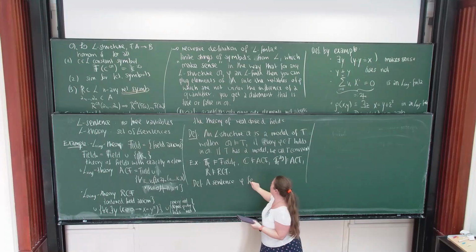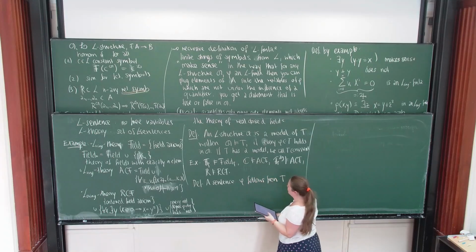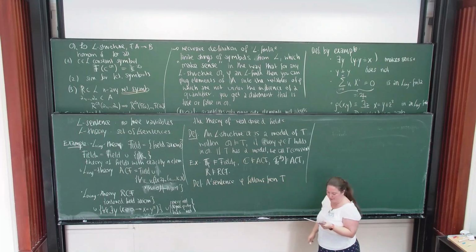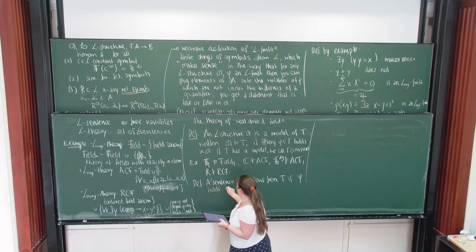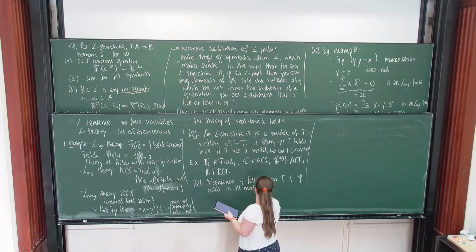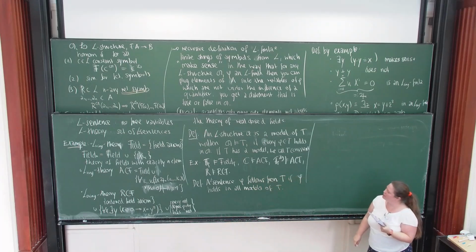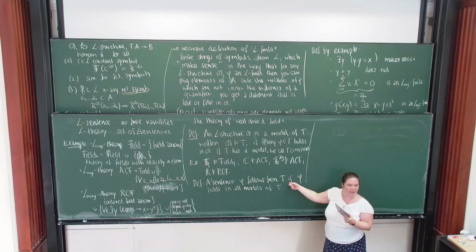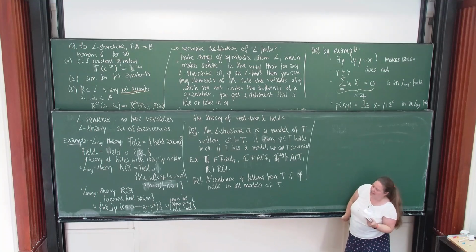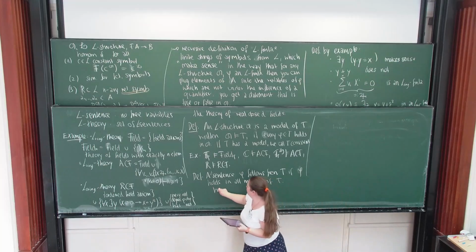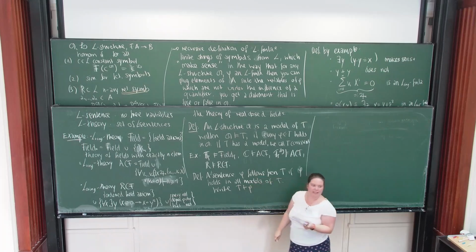So a sentence phi follows from a theory T, where again phi is an L sentence and T is an L theory, if phi holds in all models of T. In fact, if you take a course in model theory, or maybe even in first order logic, you'll learn that a sentence holding in all models of T is equivalent to being able to deduce it from T in some sort of Hilbert calculus or sequent calculus, but I'll only use this semantical notion here. T entails phi.